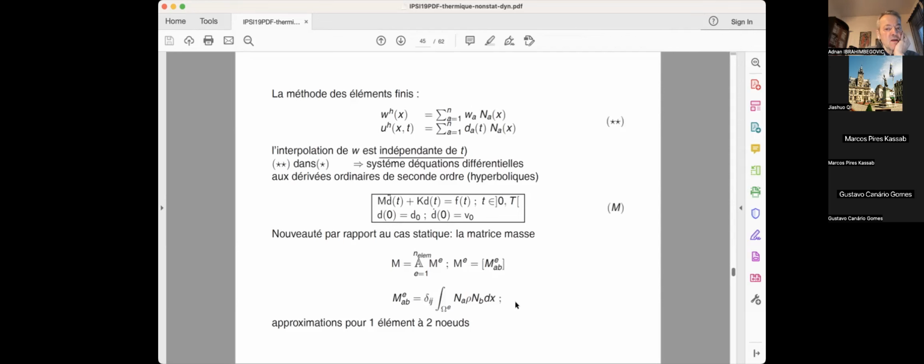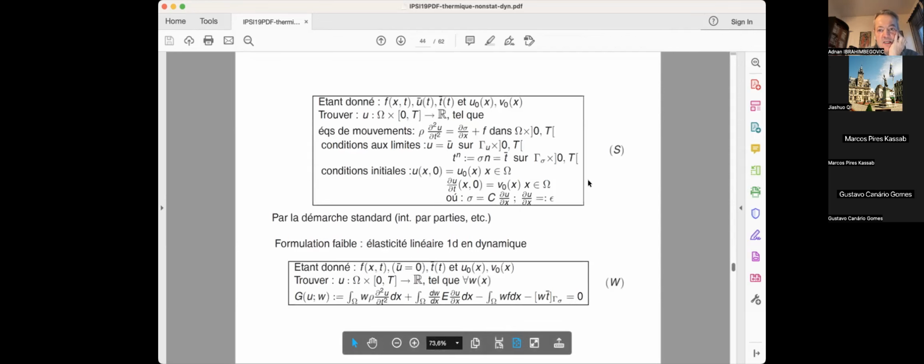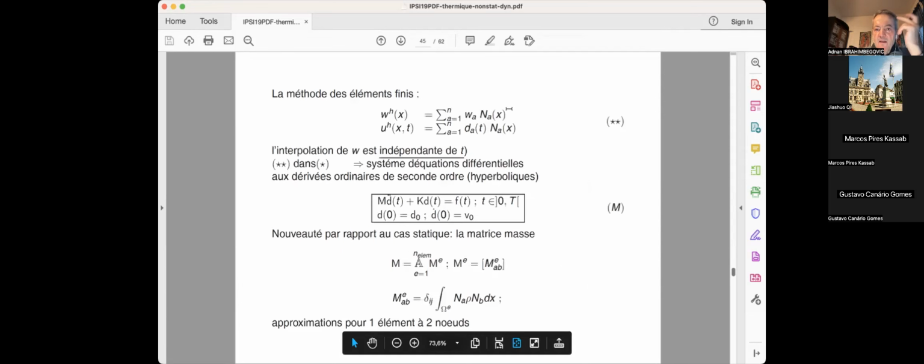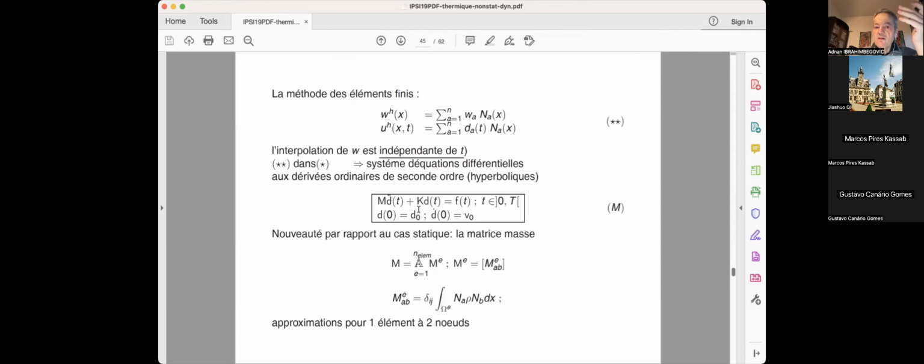So this set of ordinary equations could nicely be solved, because basically given the initial displacement, initial velocity, I take my interpolations and I can obtain the corresponding nodal values of initial displacement, called here d0, and of the nodal velocities, called here v0, and I can compute this solution by solving the set of ordinary differential equation.